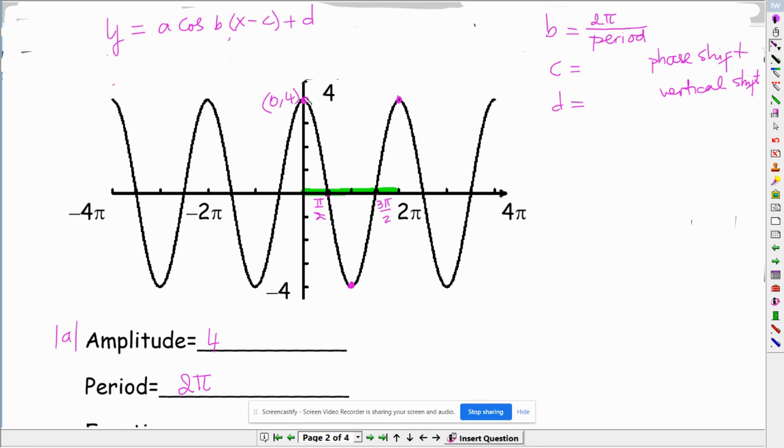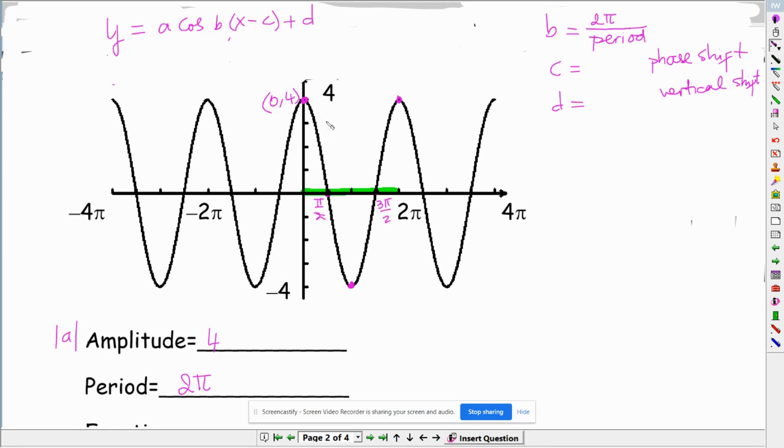Our five critical points would be y maximum, y equals 0, y minimum, y equals 0, and y maximum. So these are our five critical points for every cosine graph. This is only one complete cycle of the graph.